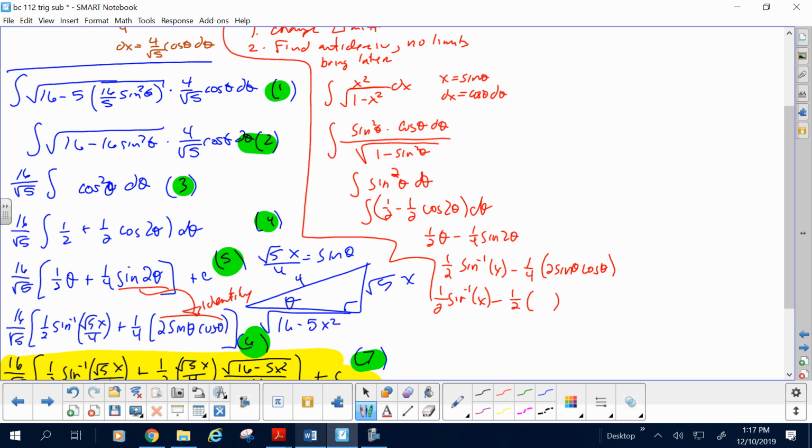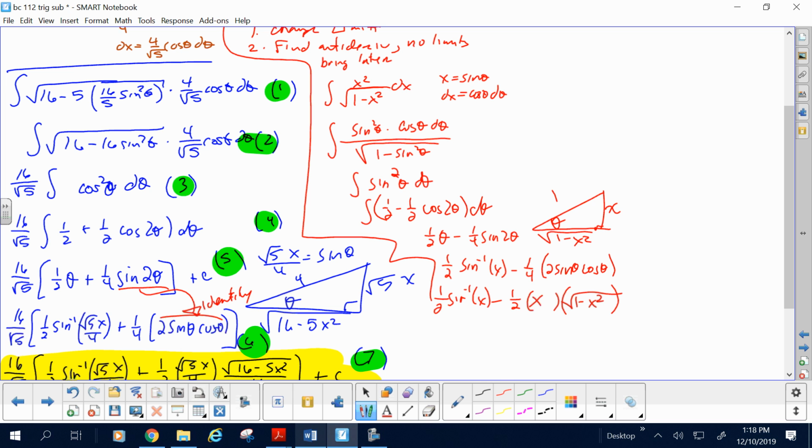What's sine theta equal to? It's just x. And the picture to get the cosine involves opposite x over hypotenuse 1, with adjacent root 1 minus x squared. So cosine is root 1 minus x squared. Do you agree that we found the antiderivative there?